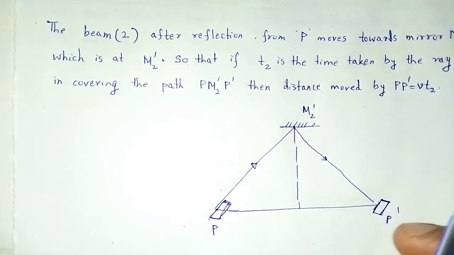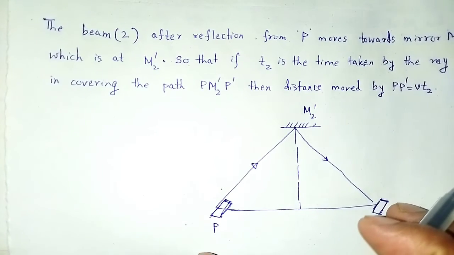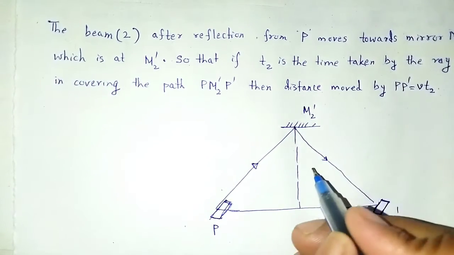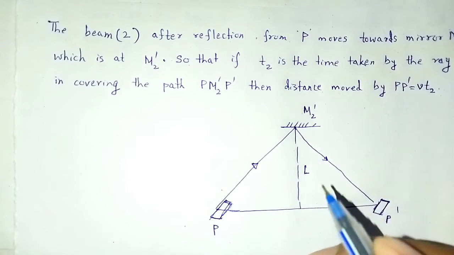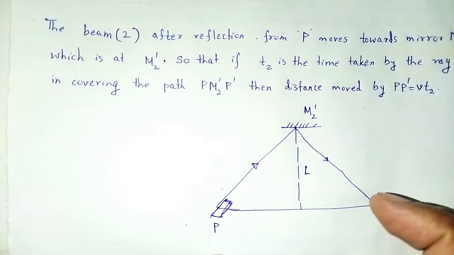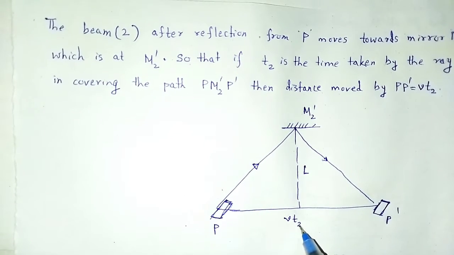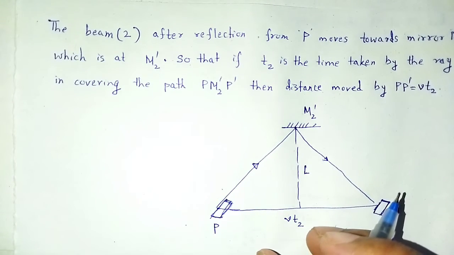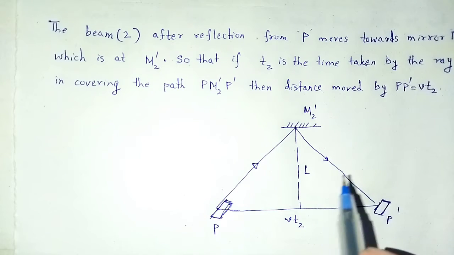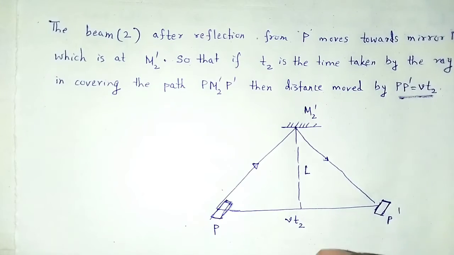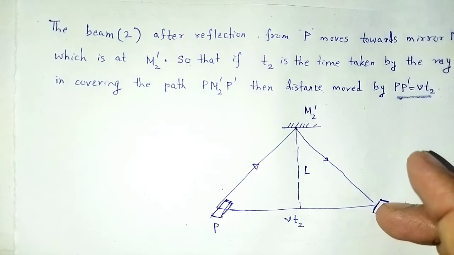So the distance in between P and P dash will be how much? This is the length L. The distance in between these two is velocity into time taken, that is V T2, that is P P dash is equal to V T2.